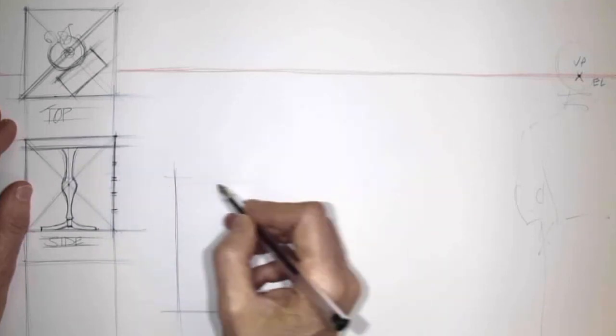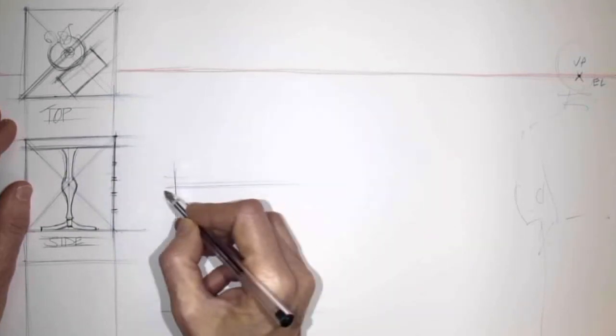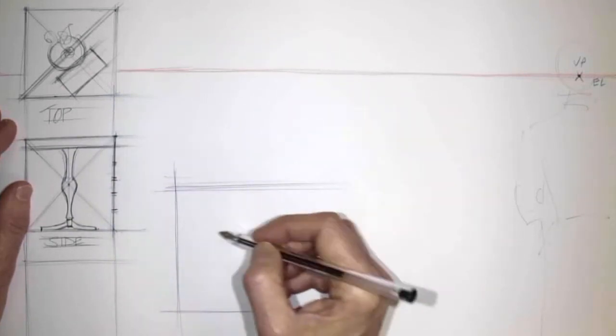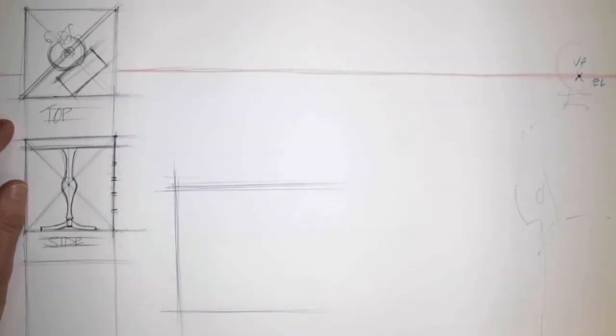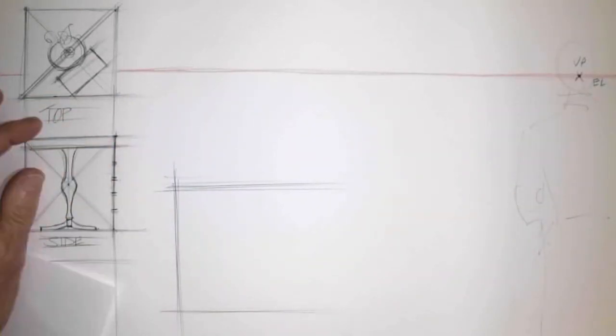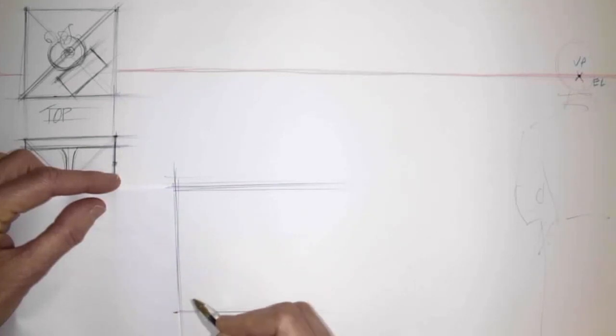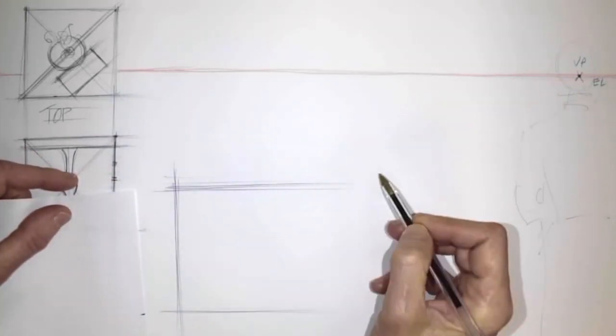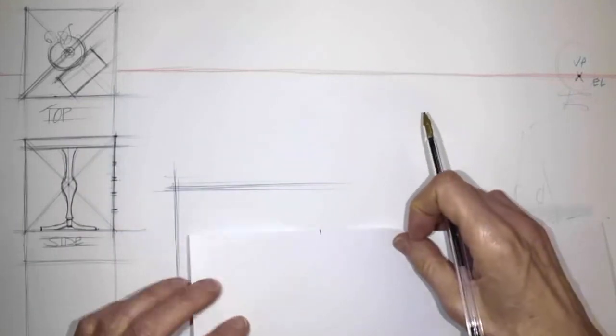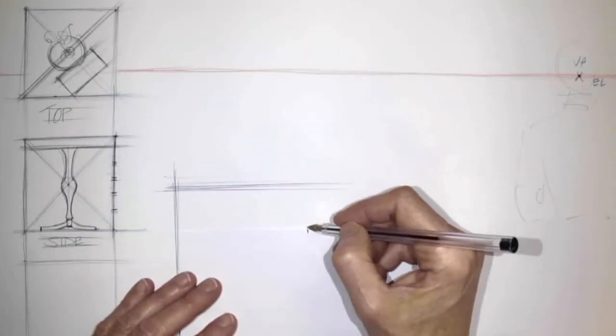And once you have this, we want it well below eye level, because the more below eye level it is, the more of the top we're going to see. So let's take our height and make it the width as well.